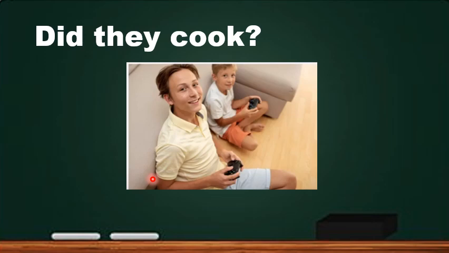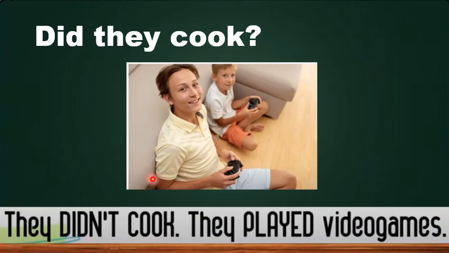How do we answer this question? They didn't cook, they played video games. Please pay attention to the verb behind didn't. We cannot use past tense. Cook is the base word. Didn't cook.